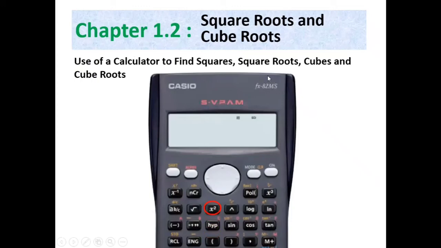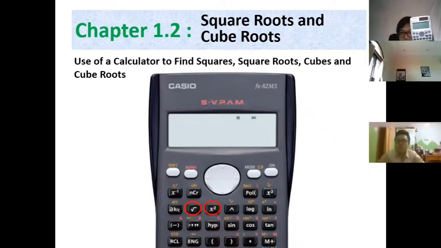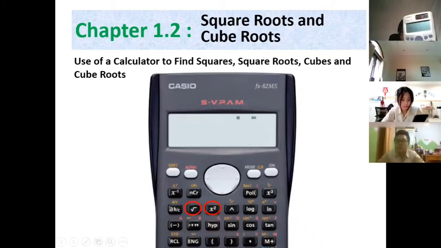I don't use this anymore. This is the old one. I advise and I encourage you to buy this calculator. Okay, still it's the same. If you have this, you can use this. But if you have this calculator, lucky you. This is not so expensive, about 200,000 at most.